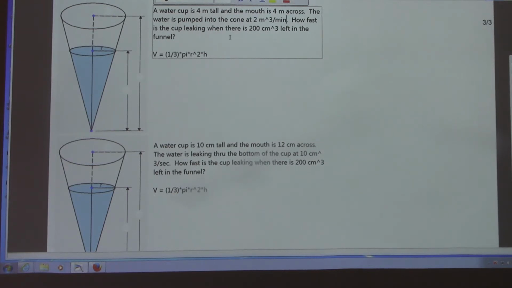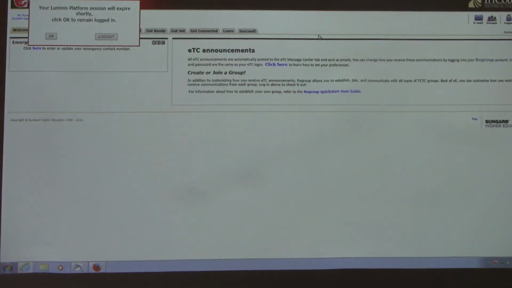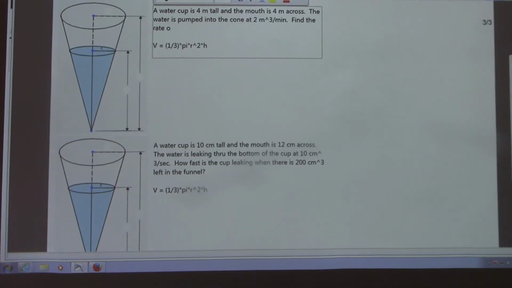Okay, and then it says find the rate of the liquid rising at 3 meters.